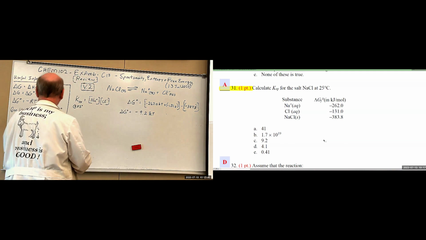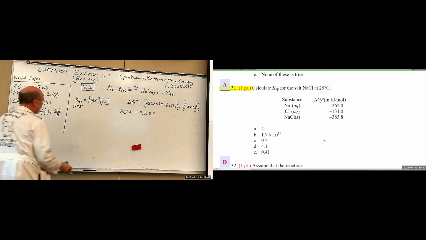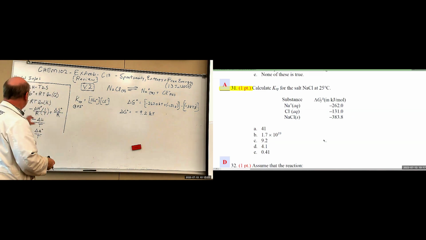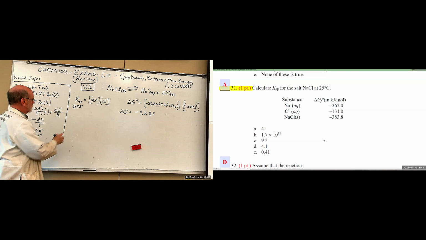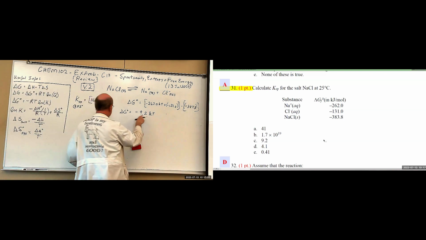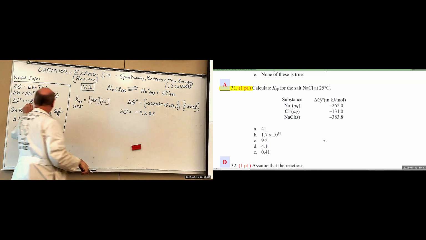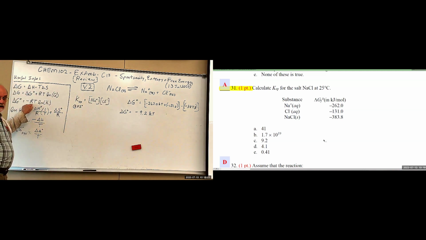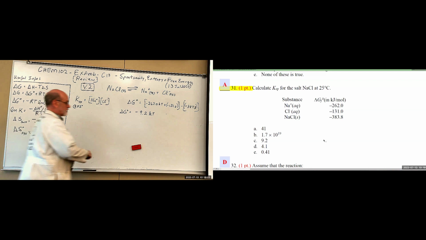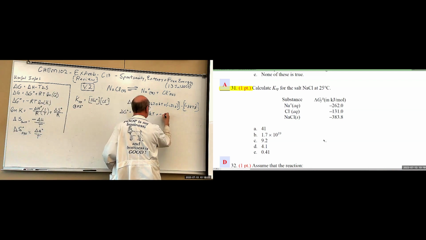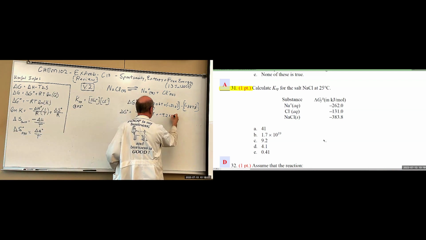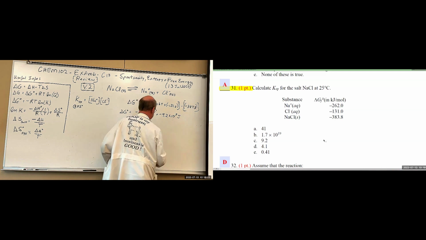All right. So now we can find out what KSP is with this equation. This value here, and we're going to have to change the units because R is in units of joules. So we got to change this one. Minus 9.2 times 10 to the third joules.